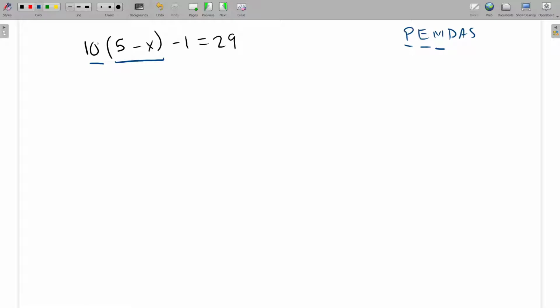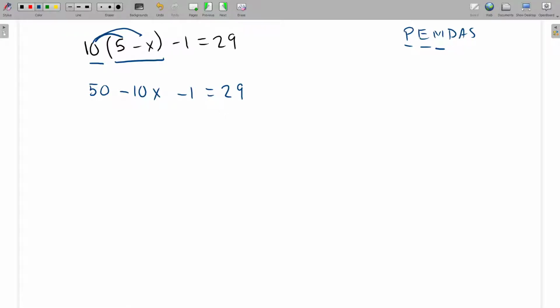So we need to take this 10 and distribute it to both terms, meaning I need to multiply it by the 5 and I need to multiply it by the negative x. So we can do that. We can do 10 times 5 is 50, and 10 times negative x is negative 10x. We still have the minus 1, and we still have equals 29.